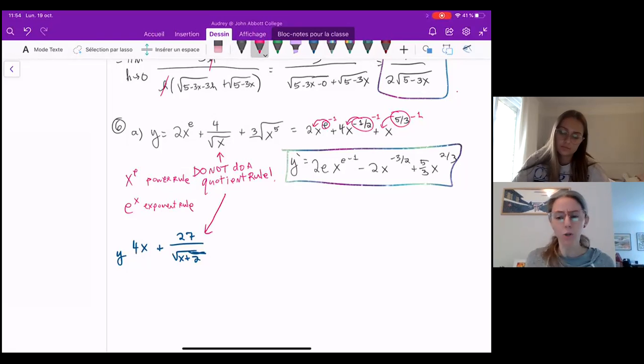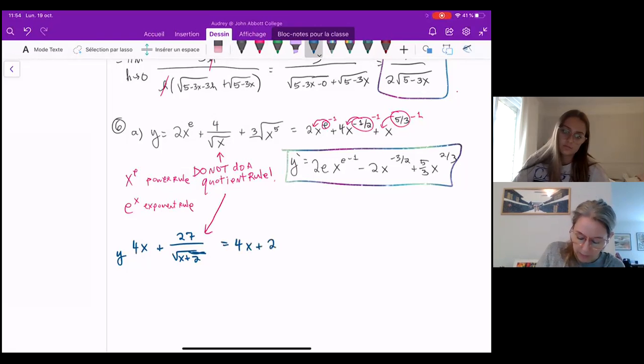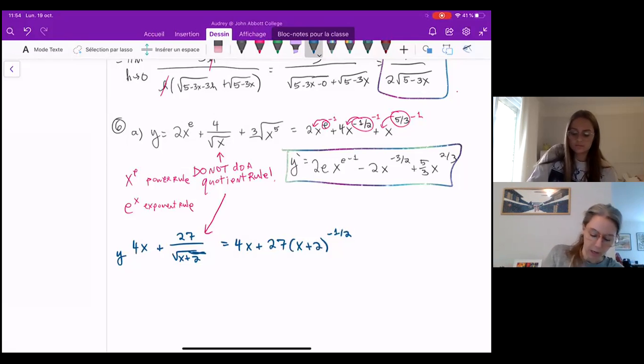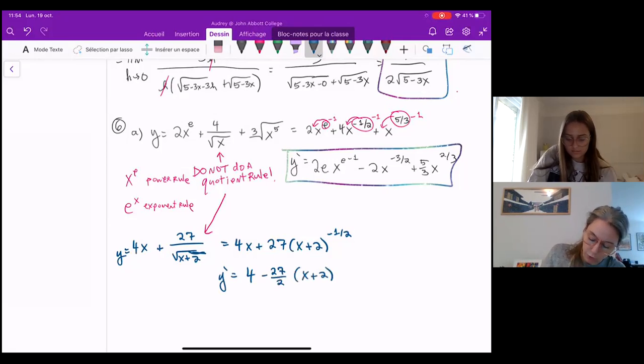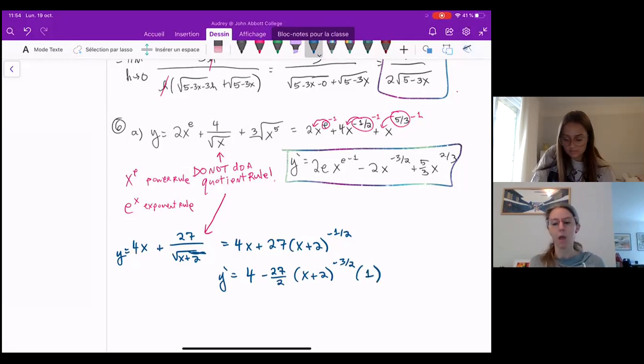So a quotient rule is just going to make your life more challenging. This is exactly the same problem. It's just there's an x plus 2 under the square root. So the first thing I would do here would be to just bring that up. 27 x plus 2 to the negative 1/2. And then I don't have a quotient rule to do. It's a pretty straightforward derivative. So my y prime here would be equal to 4 minus 27 over 2, x plus 2 to the negative 3 over 2, times the derivative of x plus 2, which is just 1, which is a lot more straightforward than doing a quotient rule.